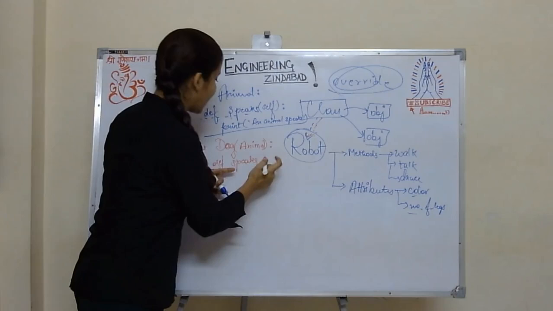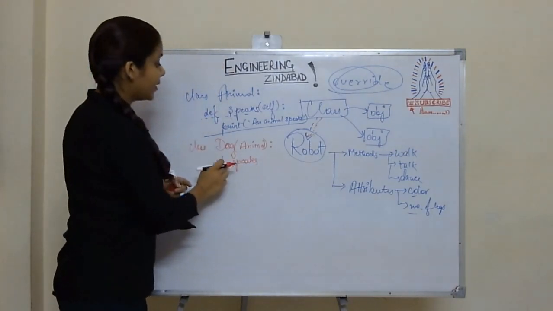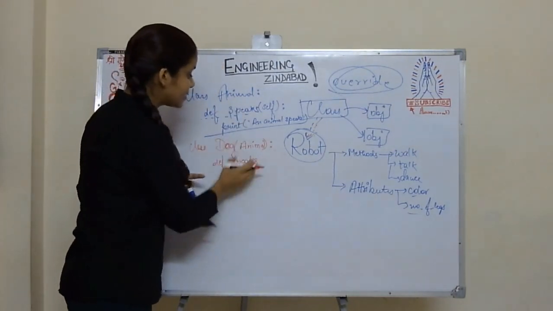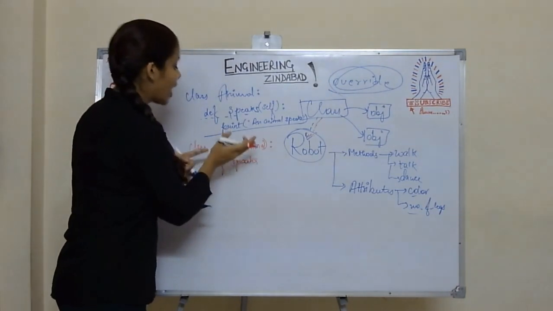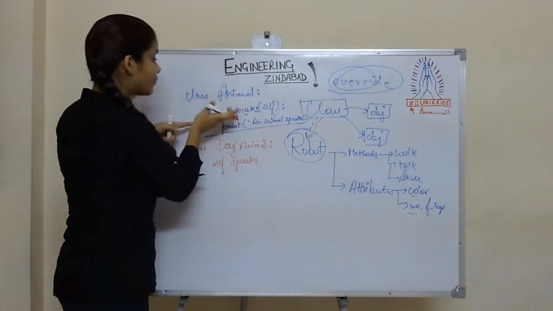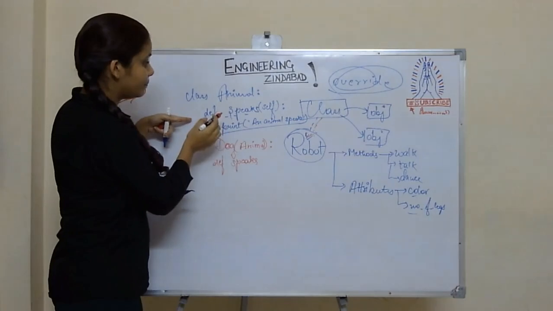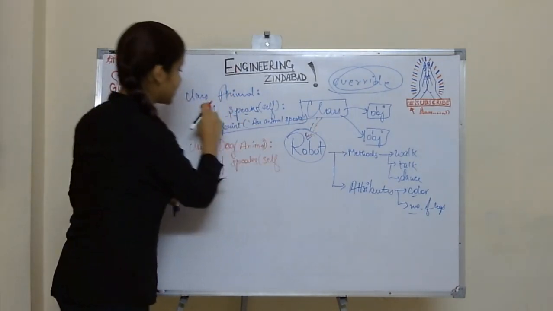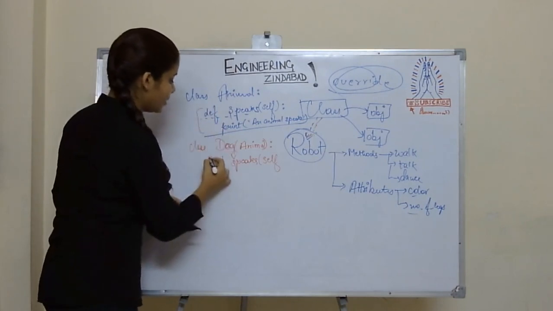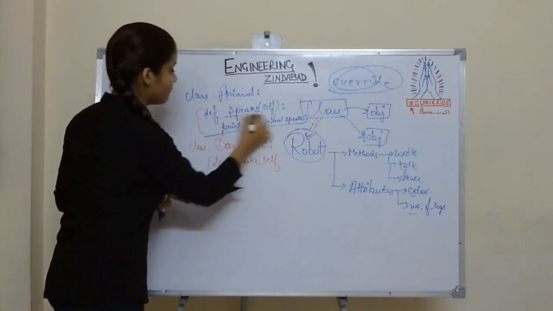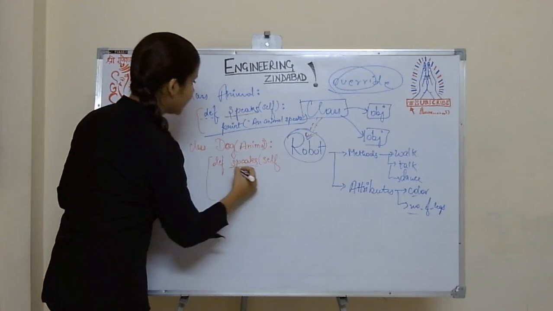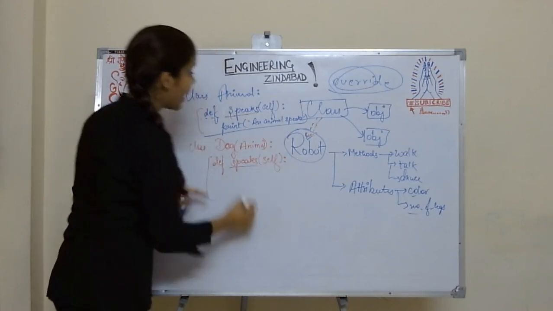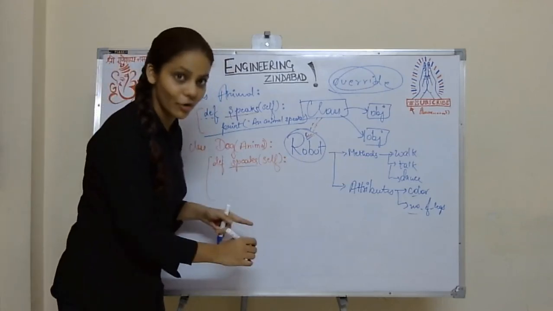After inheriting the parent class, when this child class also defines the function of the parent class, okay, this is basically the definition, right? When the child class also has the same function defined in it, then this is known as method overriding.